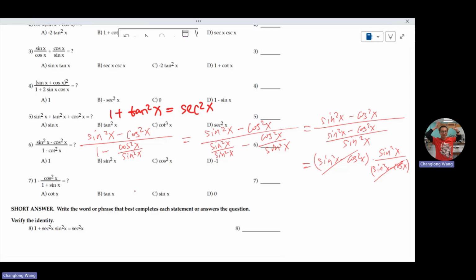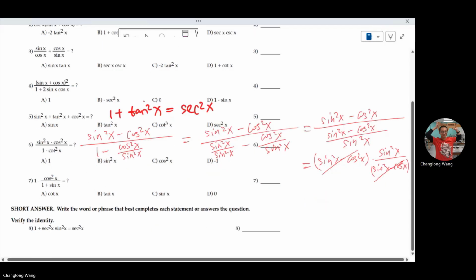You need to complete the identity by picking the correct right-hand side. You know that if it's going to be correct, it should be correct for any x you choose, so choose the easy number. If you really choose 10 degrees, it will still work out, but let the calculator work out the algebra. So please take advantage of the calculator.